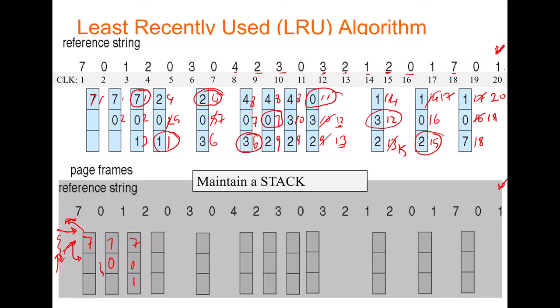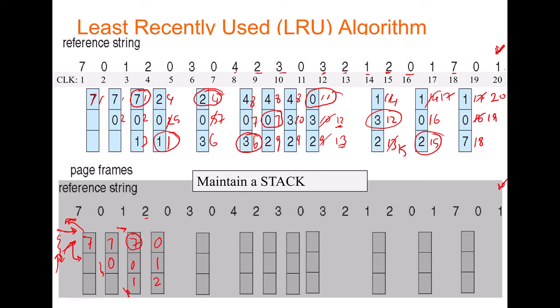Now when the 2 comes in, remember this is the top of the stack, and this is the bottom of the stack. We need to replace one of the pages, and according to this algorithm, we will get the page from the bottom of the stack and remove it, and then we will shift everything, right? So the 0 will be here, 1 will be here, and 2 will be here.